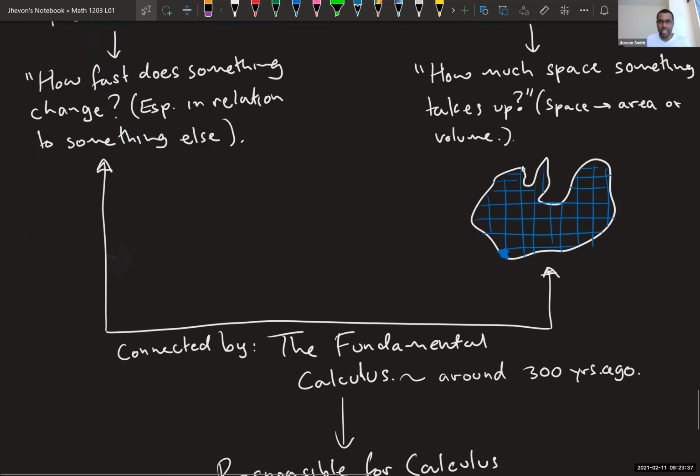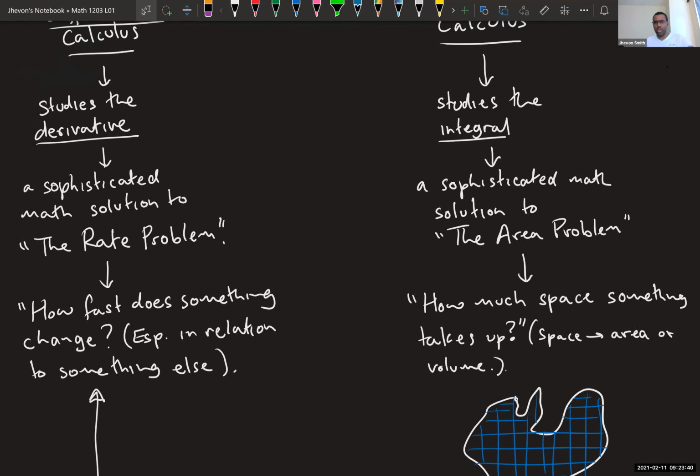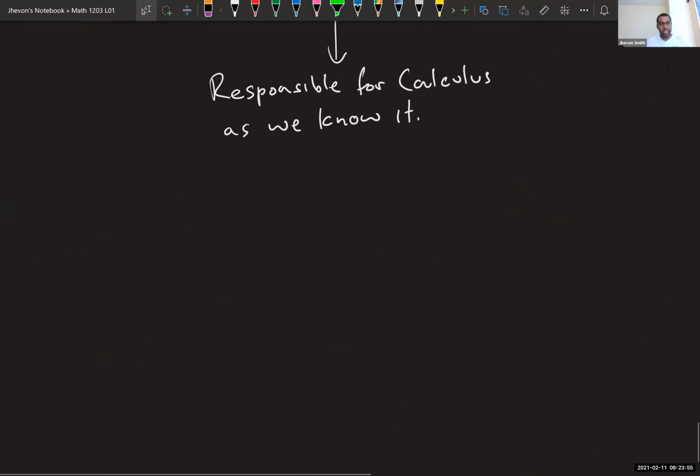How do you build such a theory that can answer these questions in such generality? Well, the journey starts with something that we call, as I mentioned earlier, a limit. So let's do that.